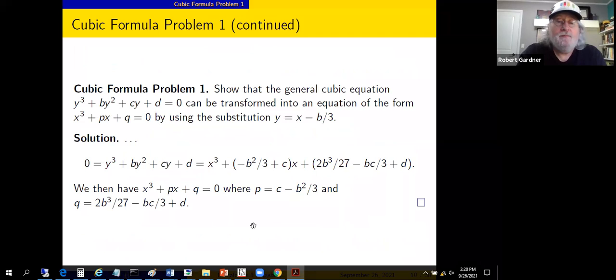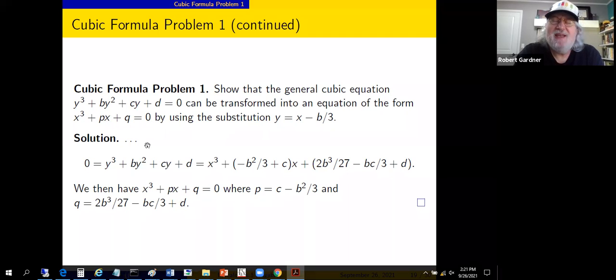So continuing, here's where we left off. We had 0 equals this. All that factoring stuff left us with this thing here. And so this is of the form x cubed plus px plus q equals 0, where this thing is p and this thing is q. So there's a transformation. What we have accomplished is taking a fairly general cubic equation and transforming it into a different kind of cubic equation that doesn't involve the unknown squared.